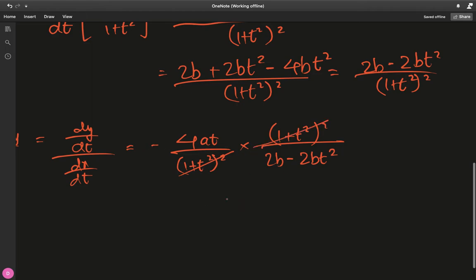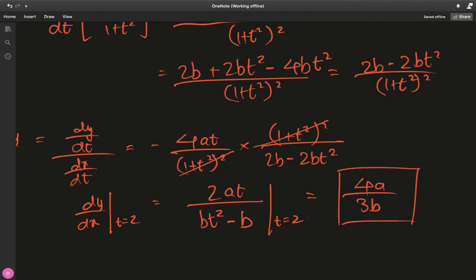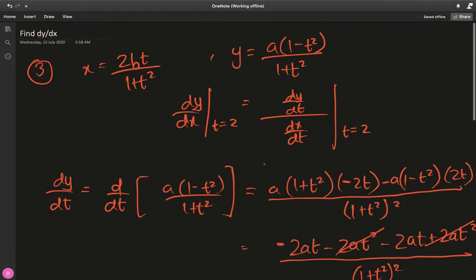We can take the negative, flip the order, and divide by a 2. So we have 2a divided by bt squared minus b, but we need to find dy over dx at t equals 2. So plug in t equals 2 in here. We have 4a over 4b minus b, or 3b. That's basically our answer for this.